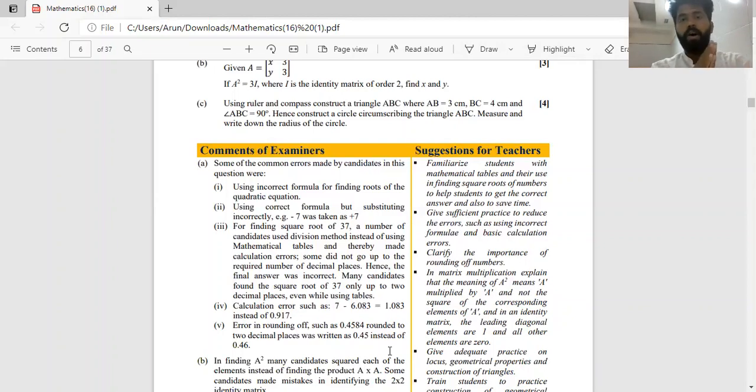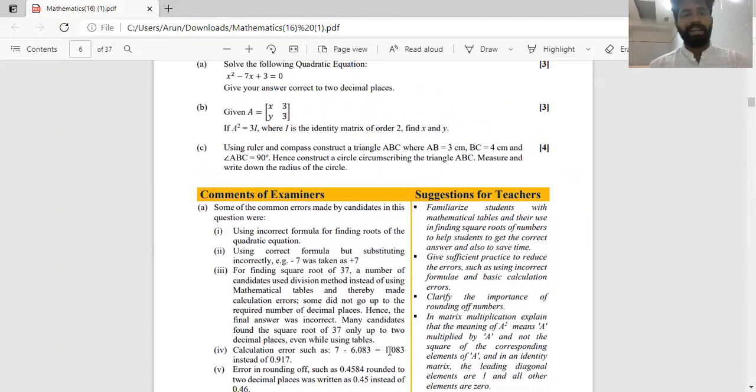And you also need to know the method of rounding off to two decimal places, three decimal places, or significant figures, whatever has been asked in the question. So a very easy concept, very easy question, very scoring as well, but these are the few points that you need to guard against.